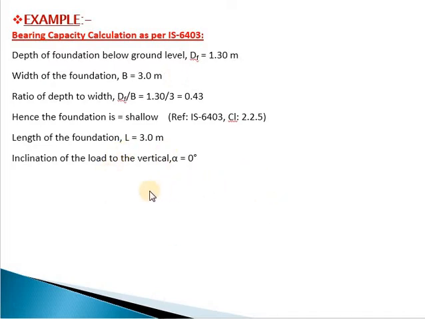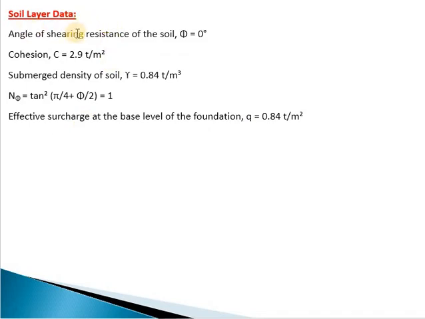The inclination of the load to the vertical is equal to 0 degree, which means the load applied on the footing is perpendicular. Now the soil layer data. The angle of shearing resistance phi is equal to 0. Cohesion is equal to 2.9 ton per meter square.